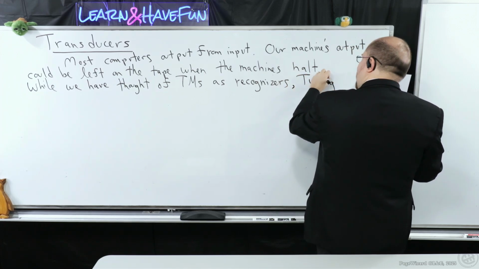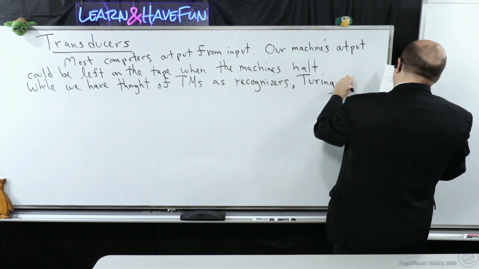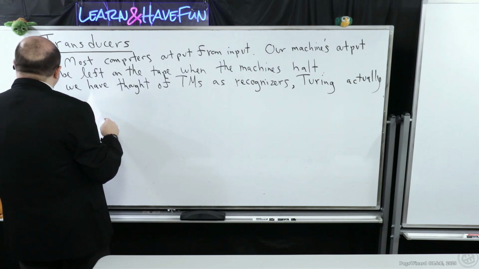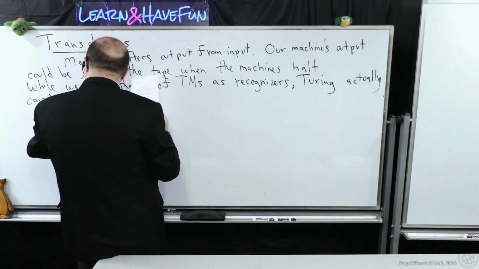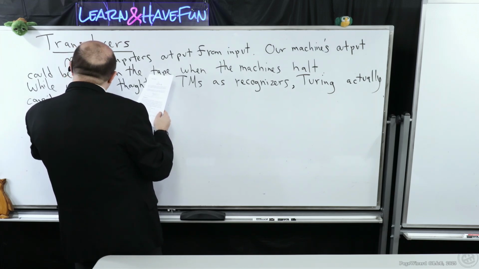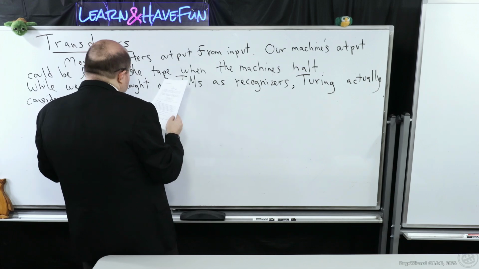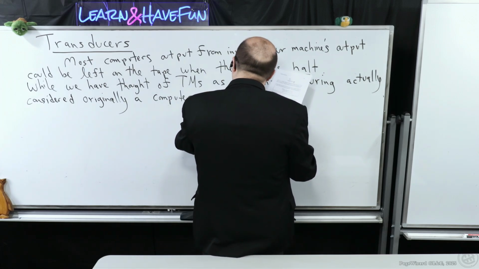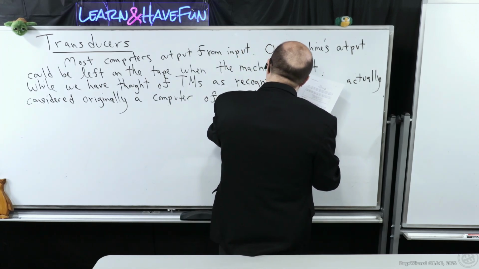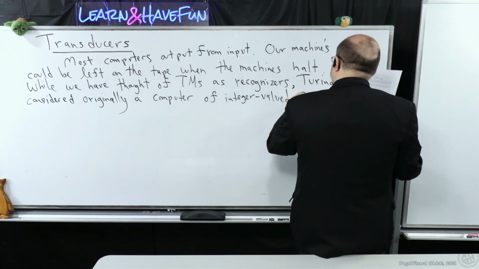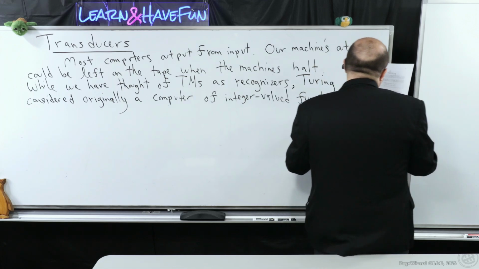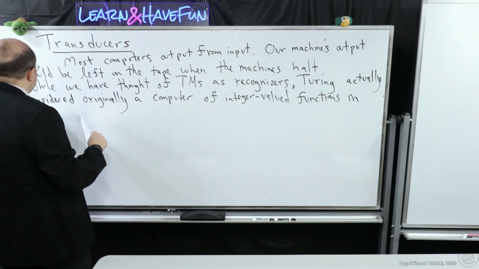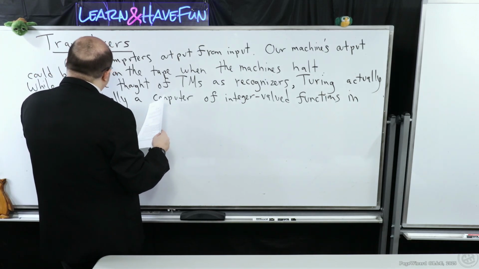So we'll talk about Alan Turing. Turing originally considered, and this is very interesting, a computer of integer valued functions in a manner like we will see.